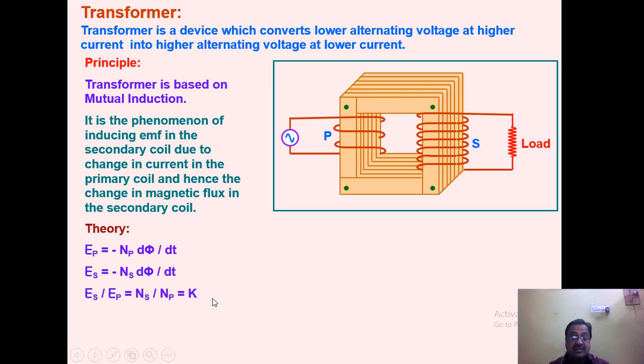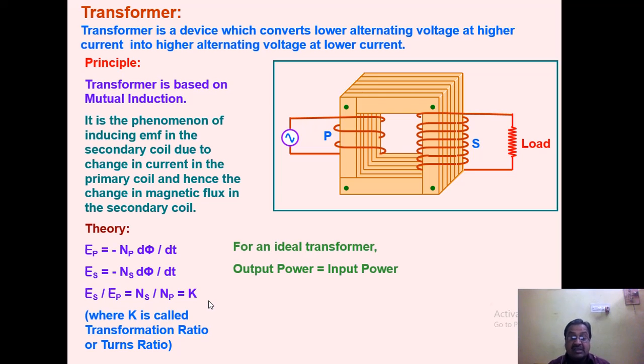Transformer ratio is defined as the ratio between the number of turns of the secondary to the number of turns of the primary, or it is the ratio of EMF induced in the secondary to the EMF induced in the primary. As such, it has no unit and no dimension.